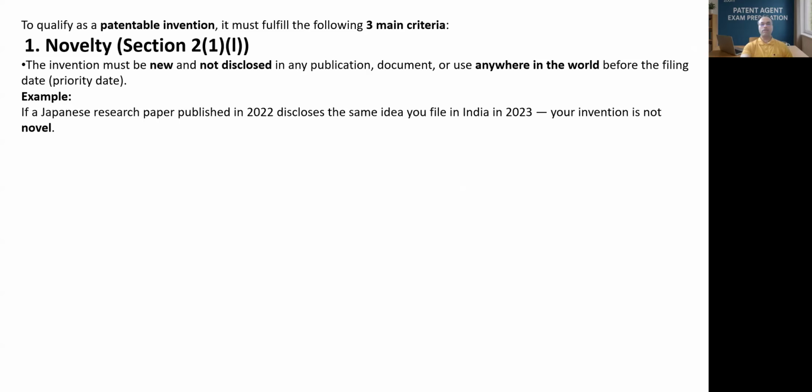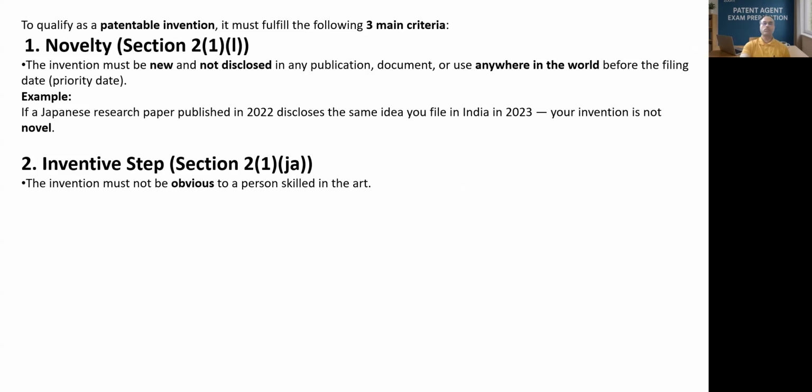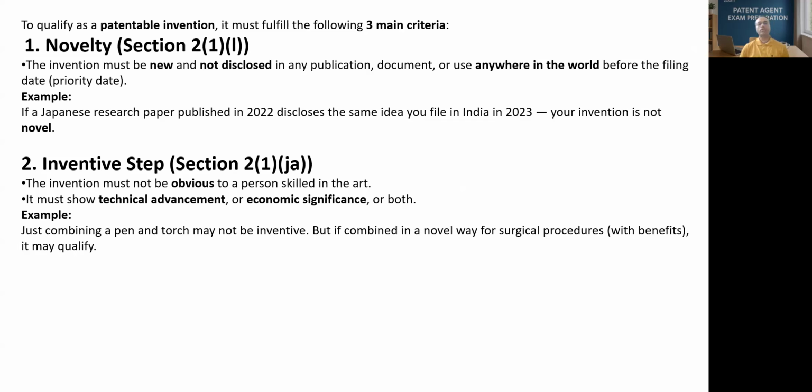For example, if you are filing in 2023 but something was already published in 2022, then your invention is not novel. Novelty is number one. Number two is 21JA: it should have an inventive step. It should not be obvious to a person skilled in the art, and it must show technical advancement, economic significance, or both. For example, combining a pen and a torch.